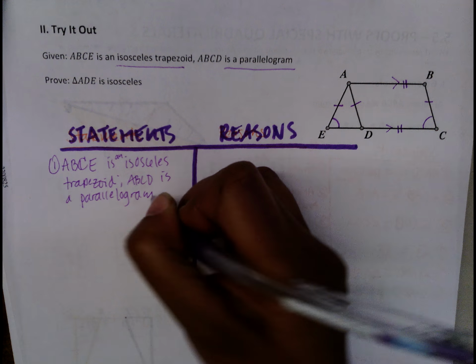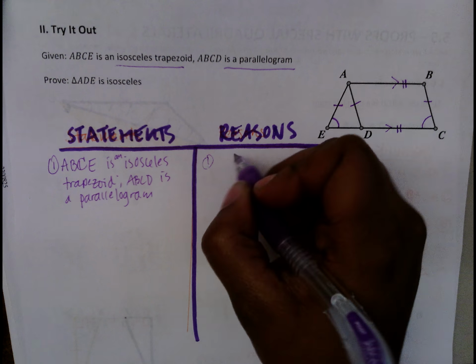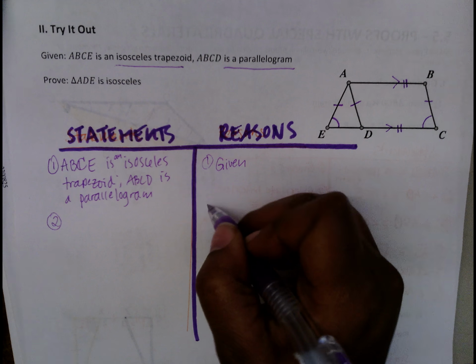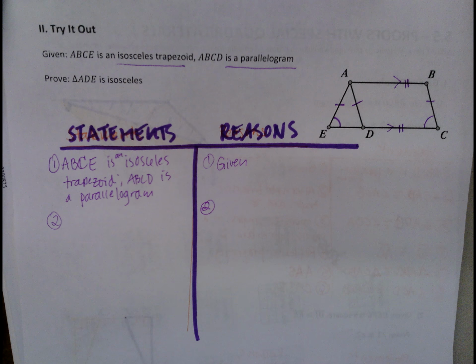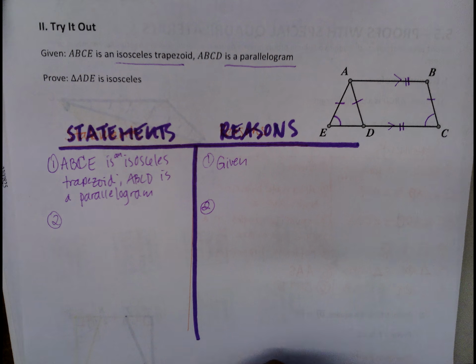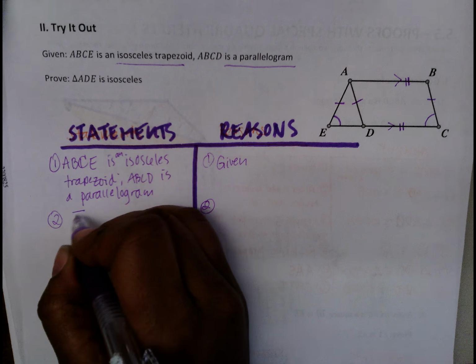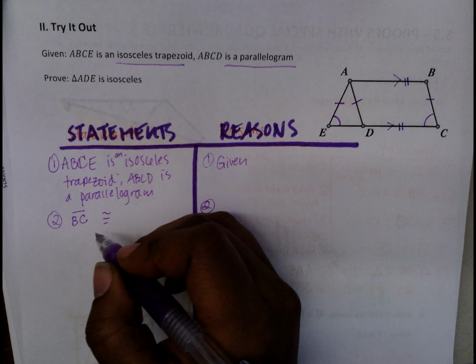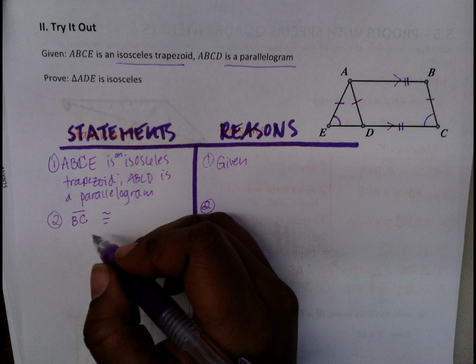That's what we write first, okay? And that is given. The next thing we want to write, again, it's supposed to help us really determine that triangle ADE is isosceles. So what's important here? I think what's important here is that side BC is congruent to side AD.